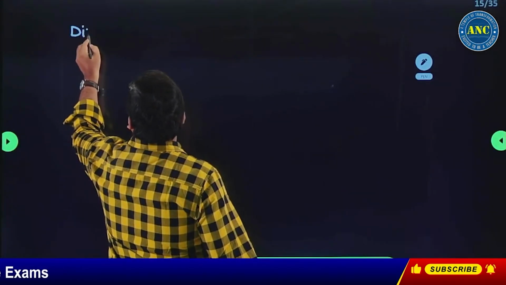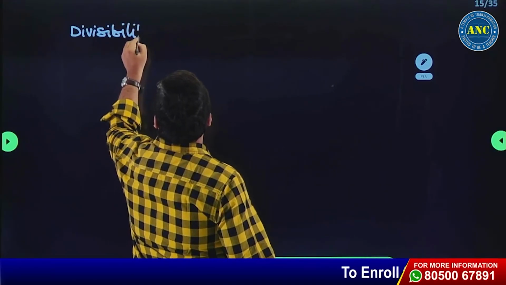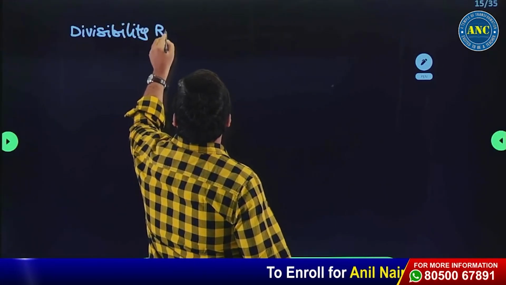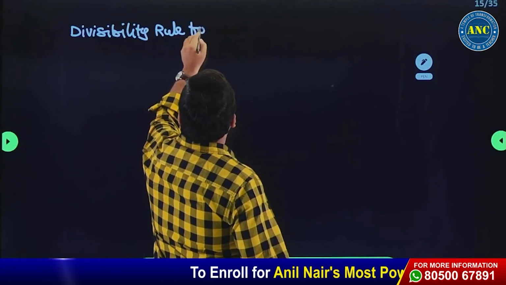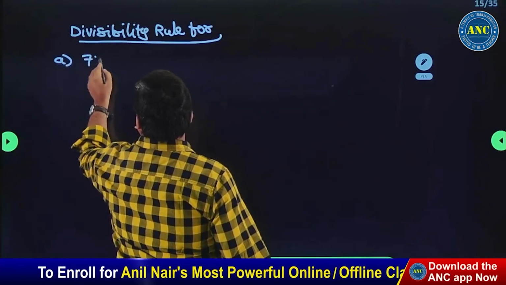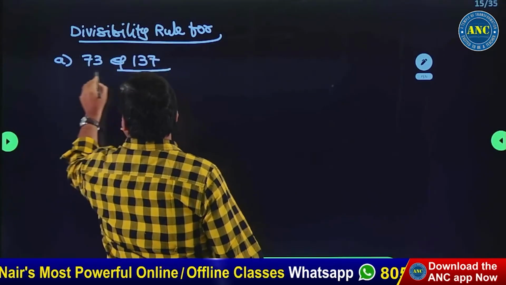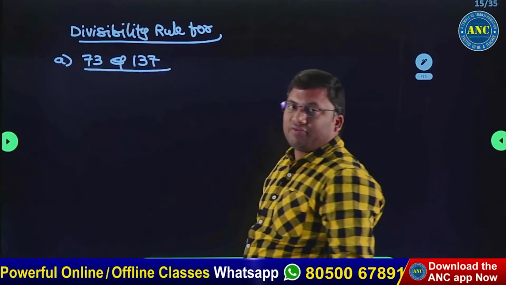Divisibility rule for 73, which you will not find in any of the regular textbooks. First one, 73 and 137. What is the divisibility rule for 73 and 137?